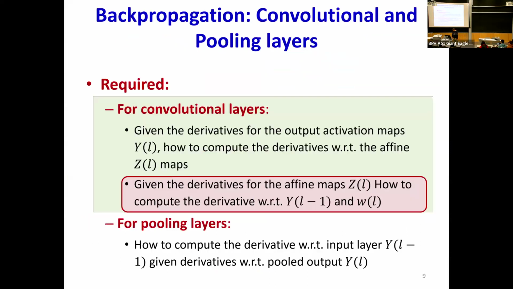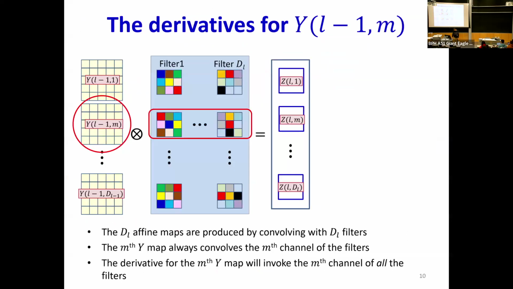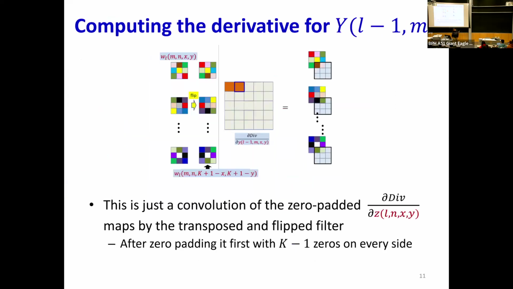And then we also saw how, given the derivatives for the z's, we could backpropagate them all the way back to compute the loss derivatives for the previous layer and also for the filters. For the loss derivatives for the previous layer, this just ended up being a convolution, right?